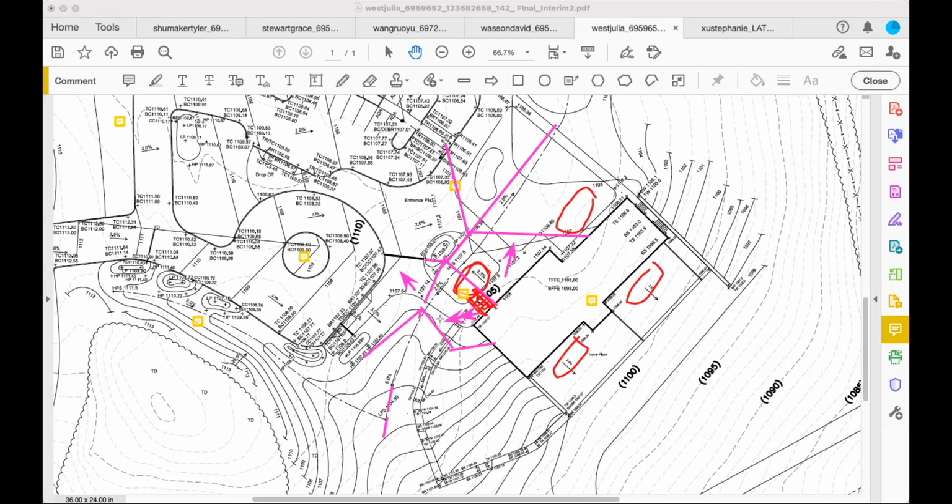Okay. Drag this up, make it. So Julia, if you could check this elevation. I know that's, yes, that's 2%, that's okay. And you would mirror that one.